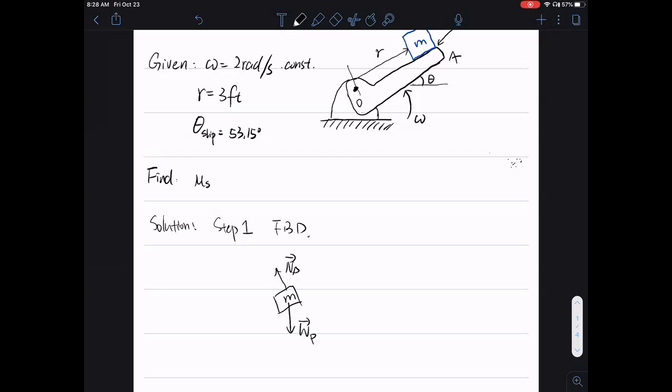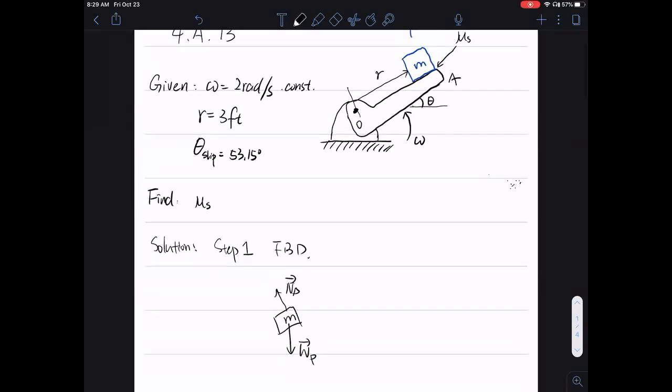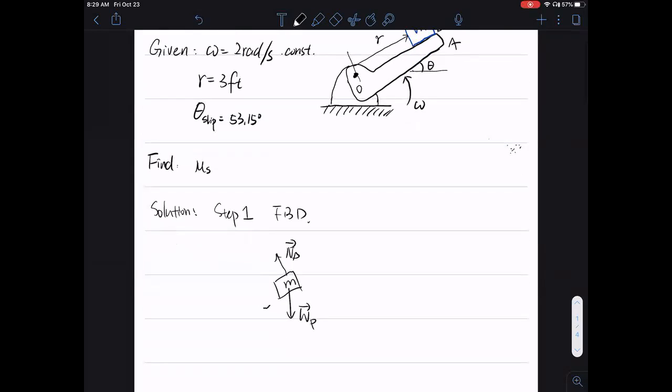And in this case, we should have another force, the friction force, to prevent block P from sliding down. Block P has a tendency to slide down toward O, so the friction force should prevent that motion. That's F_f. Okay, this should be the free body diagram. You should only have 4 forces.